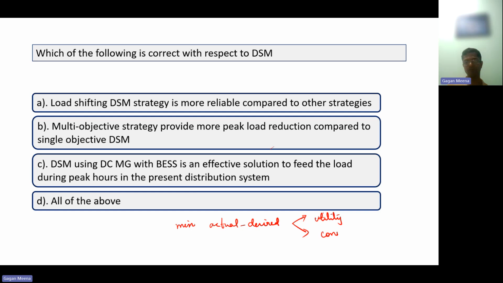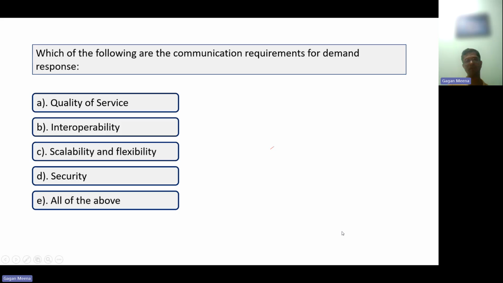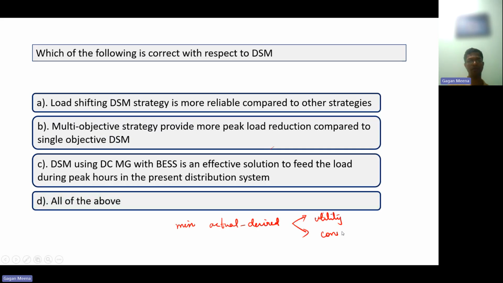On the other hand, if we want to give equal weight, and it can be equal or different weight also, but the most generic is to provide equal weight, then we would want to minimize the difference between the actual and desired.